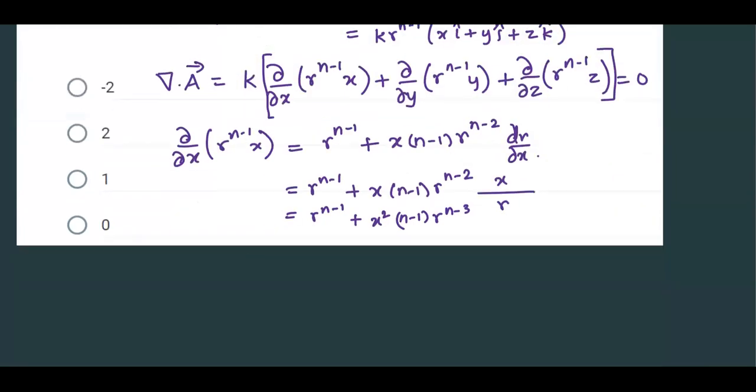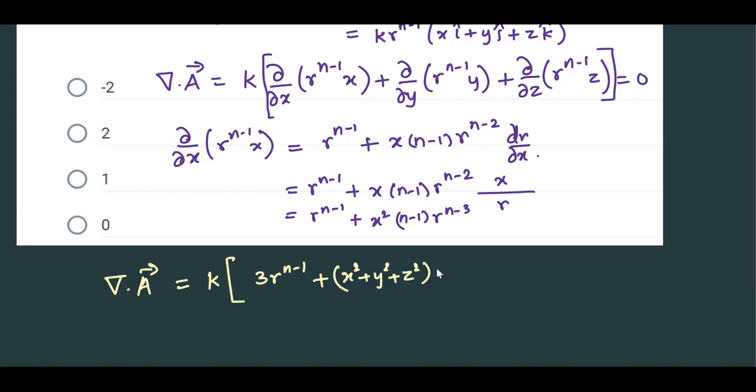Similarly, we'll have to do this for the other two. Therefore del dot A will give us k times r^(n-1) common to all. So 3r^(n-1) plus (x² + y² + z²) times (n-1) times r^(n-3).